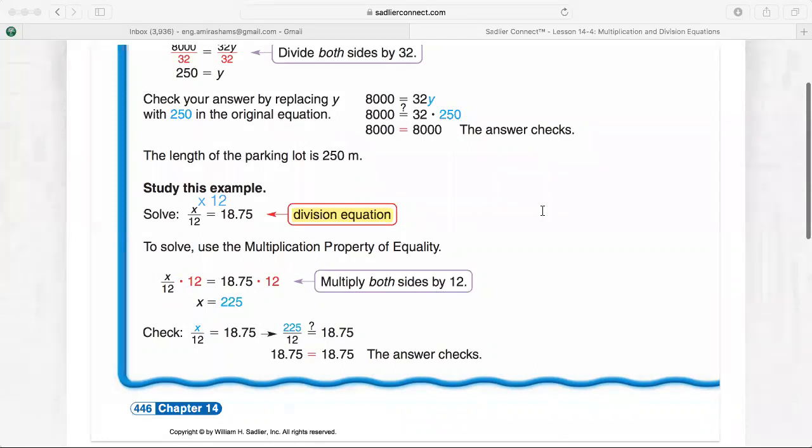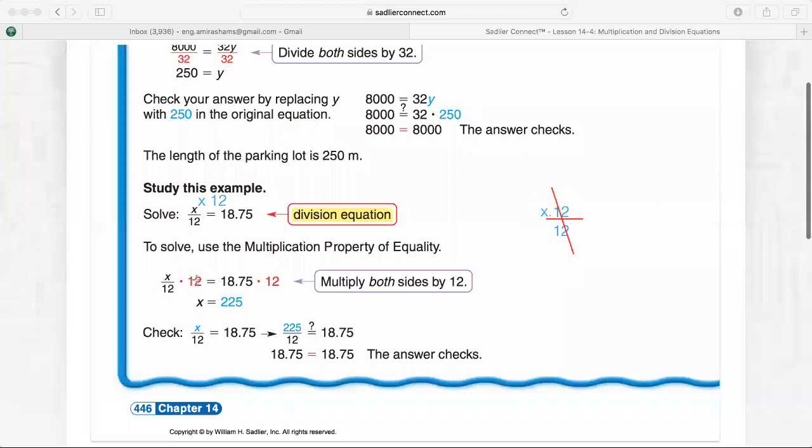When I get 12 over 12, they cancel each other. I can also get it in another form, like x multiplied by 12 over 12. So 12 and 12 cancel each other, like in this example.